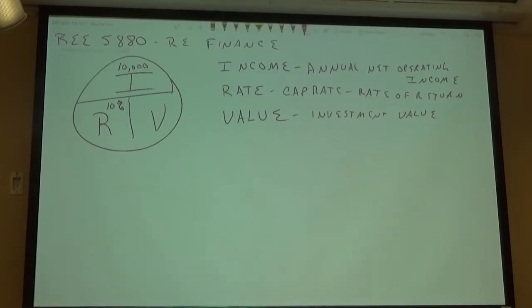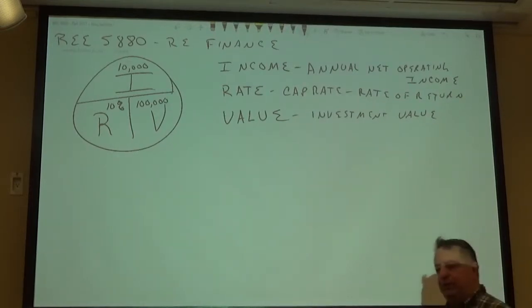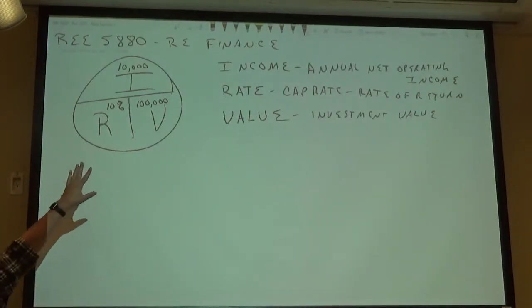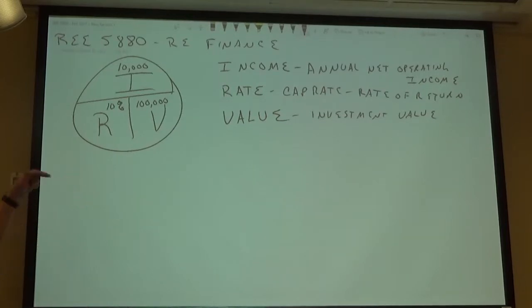Then with those two pieces of information, we can say the investment value of this property is going to be $100,000. Now, how do we get there mathematically? It's pretty simple. If I could reach that high, I would put my hand over the value, and it would be income divided by rate. So 10,000 divided by 10% is going to give us 100,000. Does that make sense? Okay.